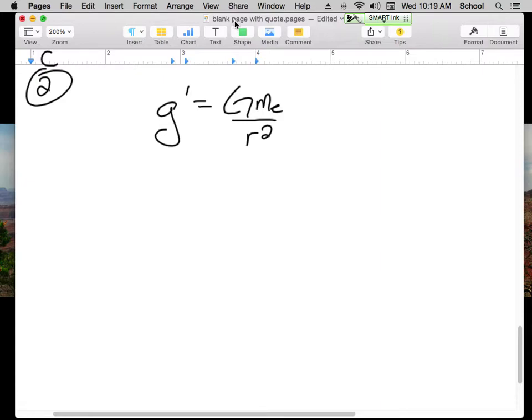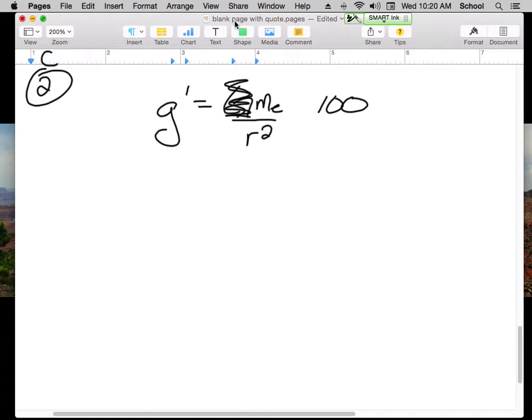Well, if we look at Newton's formula, then this part obviously isn't going to change. But if their mass is 100 times bigger, but I want g to be the same, then what has to be true? The radius has to increase the same amount. If the top got 100 times bigger, then the bottom needs to get 100 times bigger.